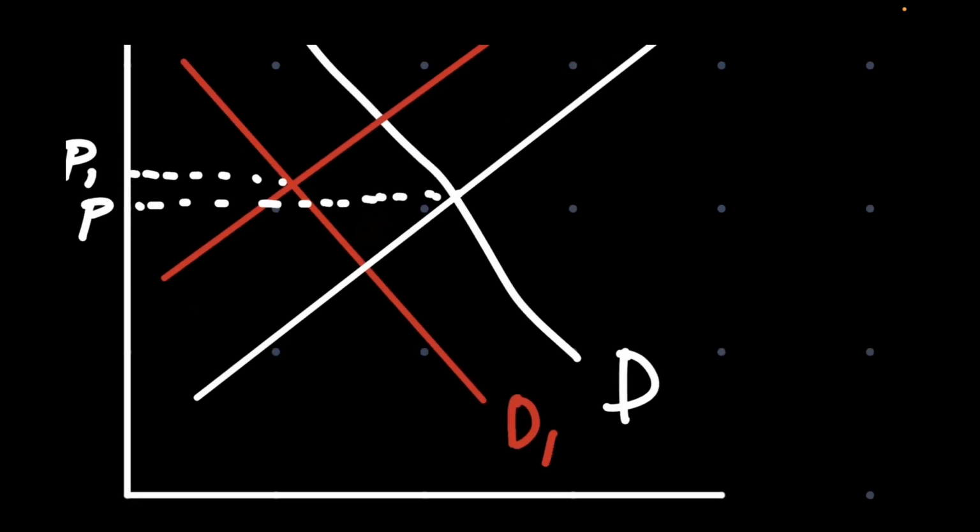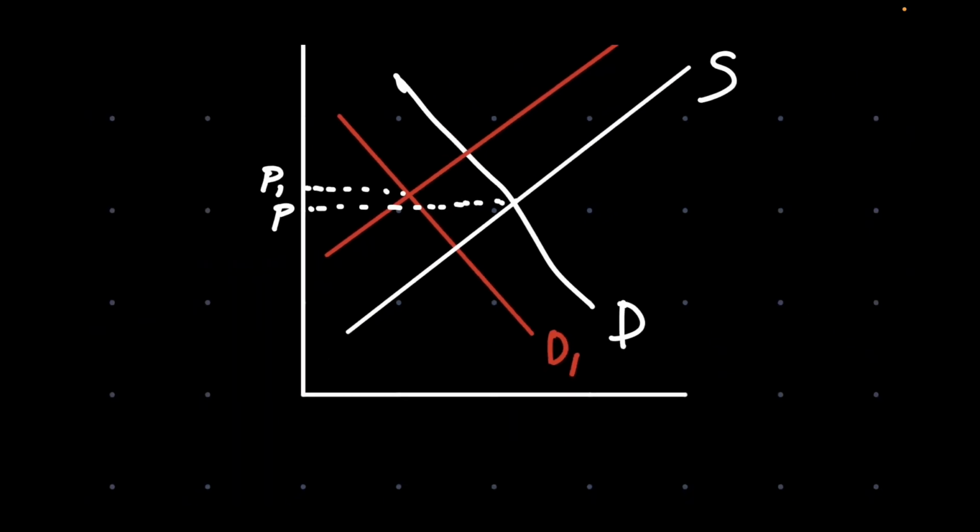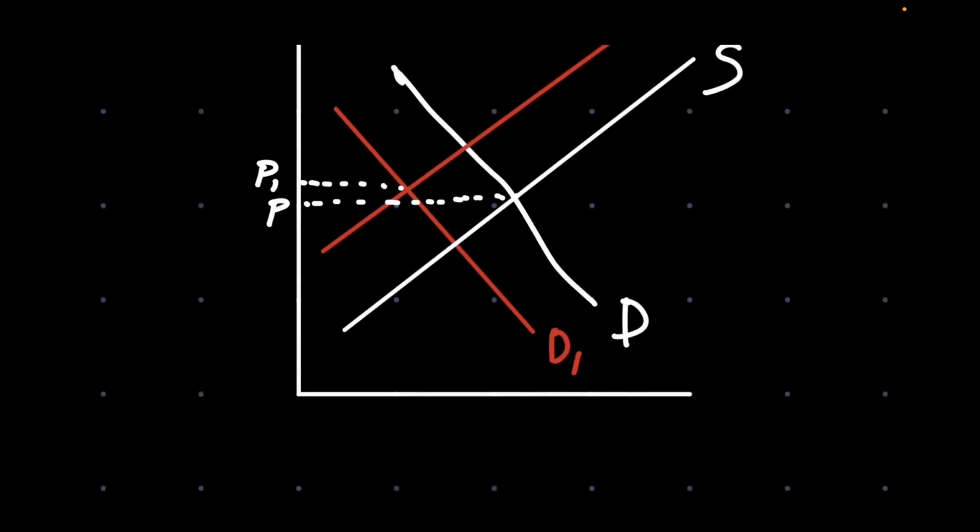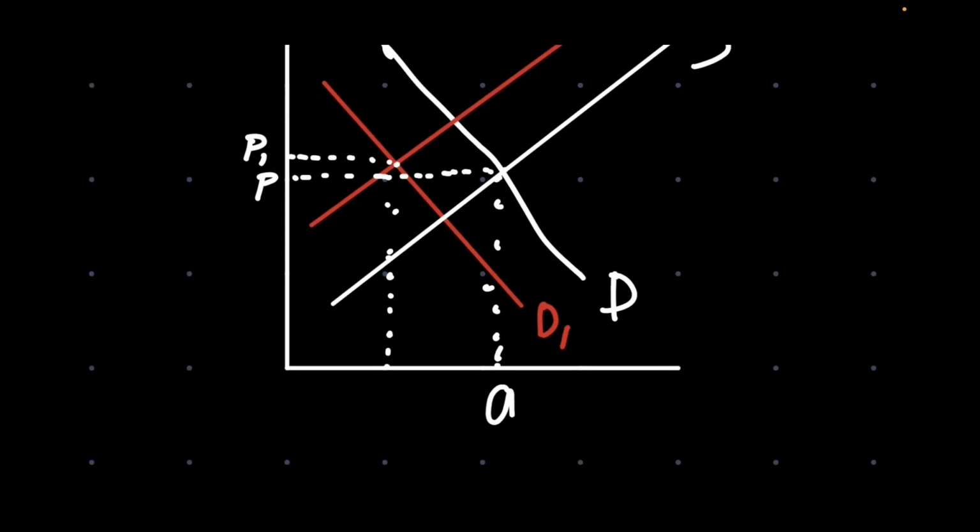This is because the shifts that I've shown are actually quite small. And you can see that this is the difference in the quantity. So you have Q and you have Q1.